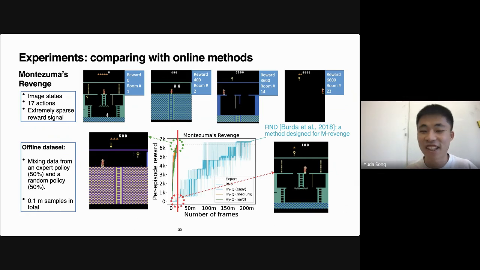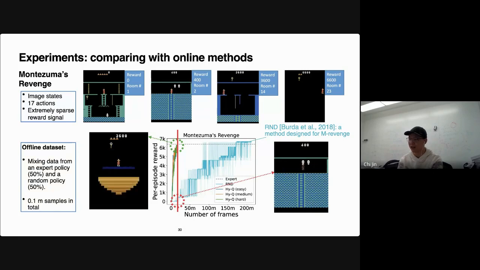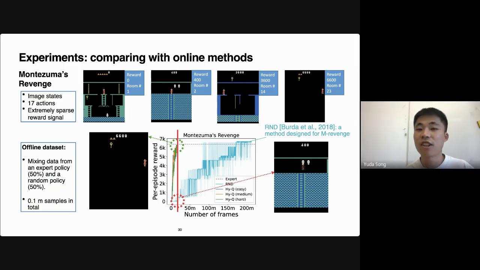Another clarification: the starting point seems a bit different, right? R&D is trained from scratch, while your HighQ is starting from the offline part, right? You already did offline RL for your algorithm. No, we are also starting from scratch.